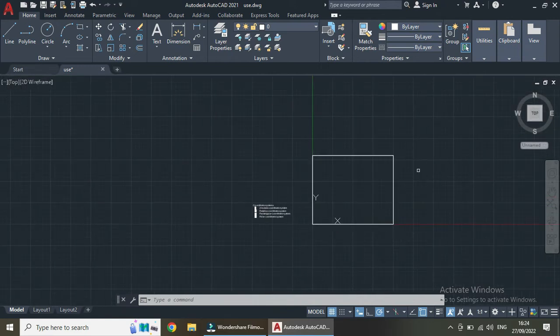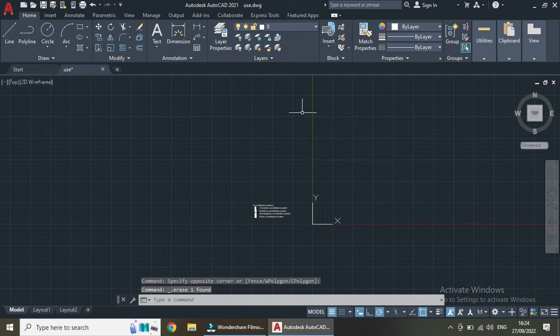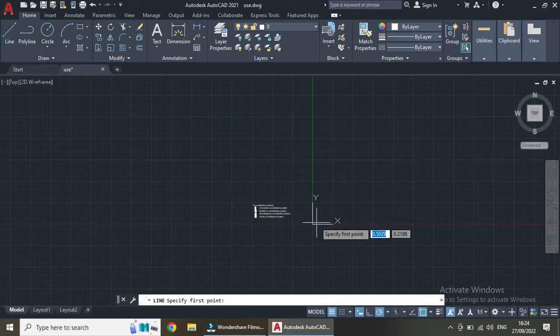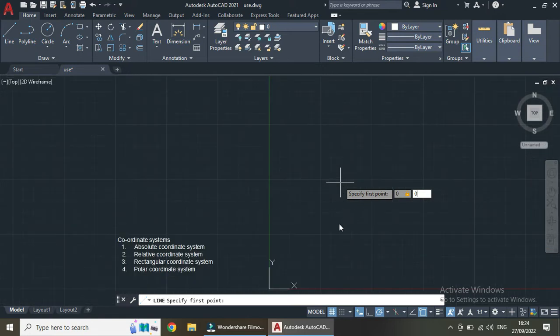So let us take another example. Let us delete this one. So let us take a line. So first specify first point 0, 0. I'm explaining absolute coordinate system. 0, 0.